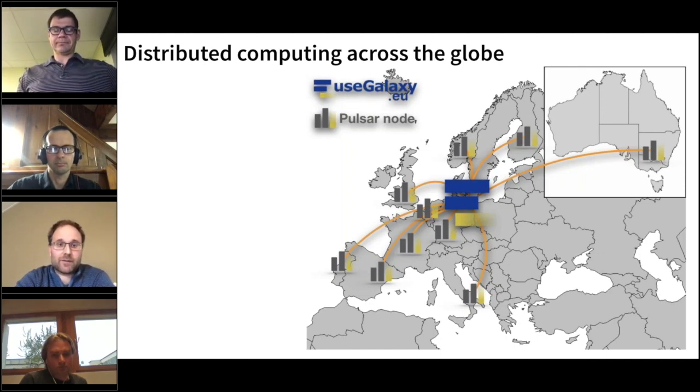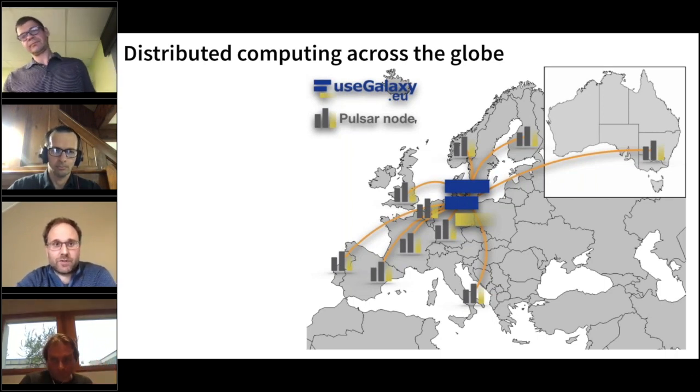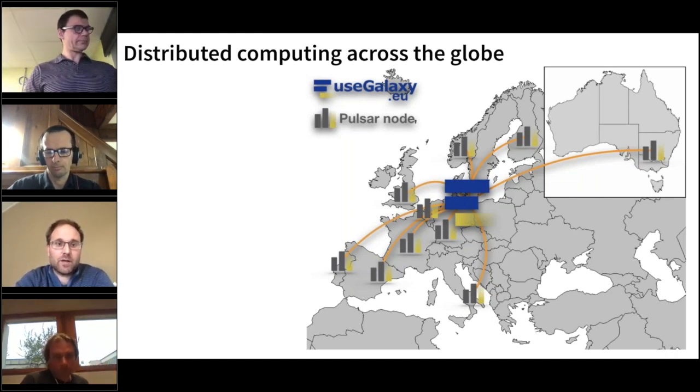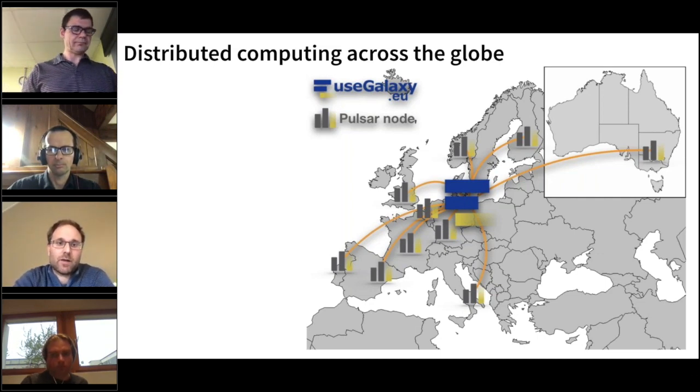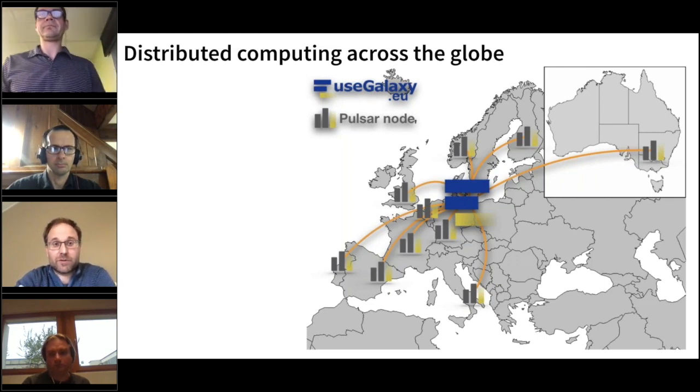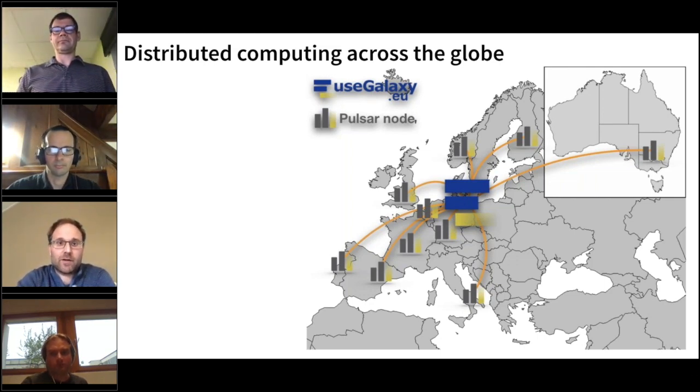This Galaxy instance can not only use the local resources of the German cloud, the de.NBI cloud, but can also submit jobs to various locations in Europe. We now have, I think, almost a dozen locations available where, from the useGalaxy.eu website, analysis can be run across the globe without the user even needing to know that this is the case.